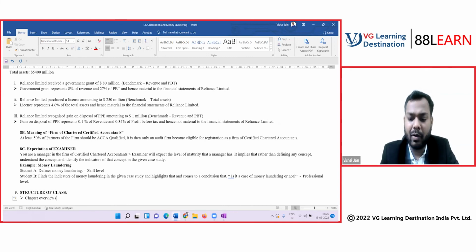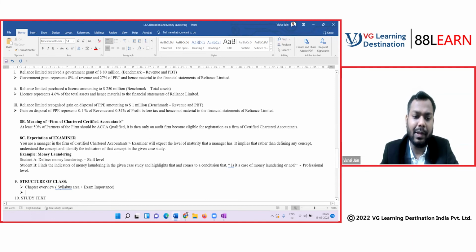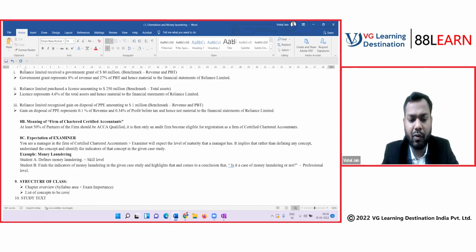In the chapter overview, I'll tell you which syllabus area it deals with and what the exam importance is. Second, I'll tell you the list of concepts to be covered in the chapter.